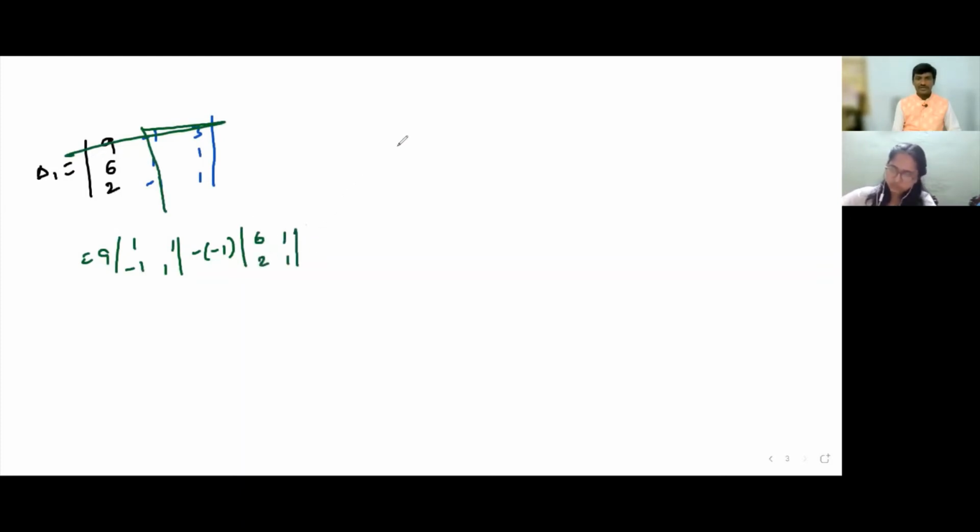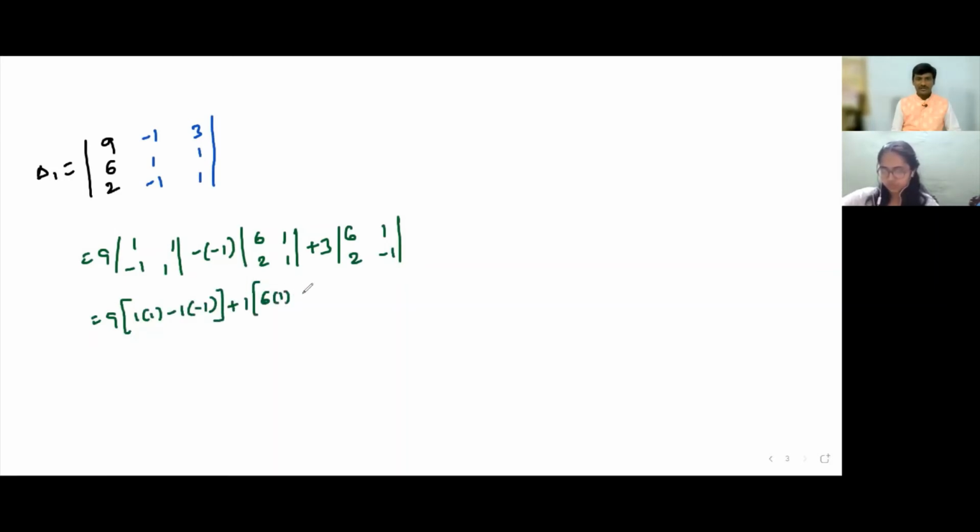Next plus 3 into, closing the row and column, 6, 1, 2, minus 1. So this is equal to 9 into 1 into 1 minus 1 into minus 1, minus of minus 1 plus 1, 6 into 1 minus 1 into 2, plus 3 into 6 into minus 1 minus 1 into 2.